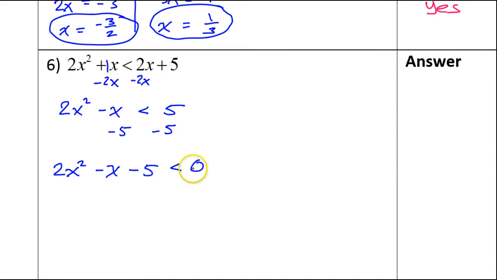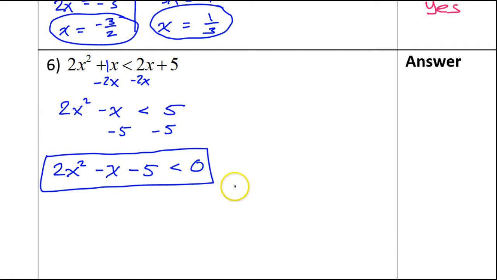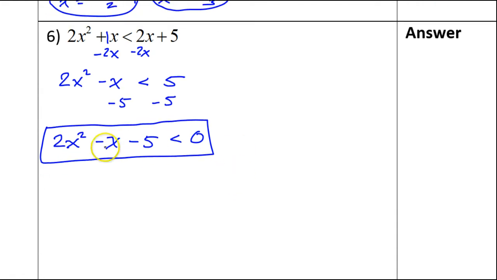So now that I have 0 on one side, this is the version of the inequality that I will use for the rest of the problem. To solve this inequality, I need to start by solving the related equation 2x squared minus x minus 5 is equal to 0, because these solutions will be the critical values or border values that I will use on my number line as I form my solution sets.